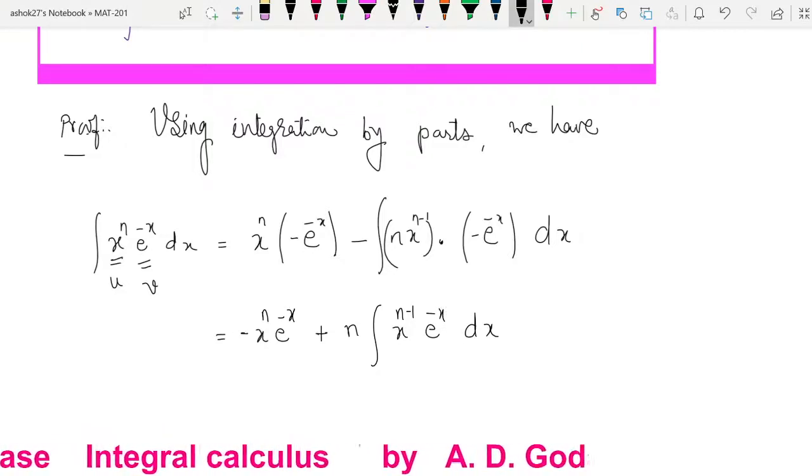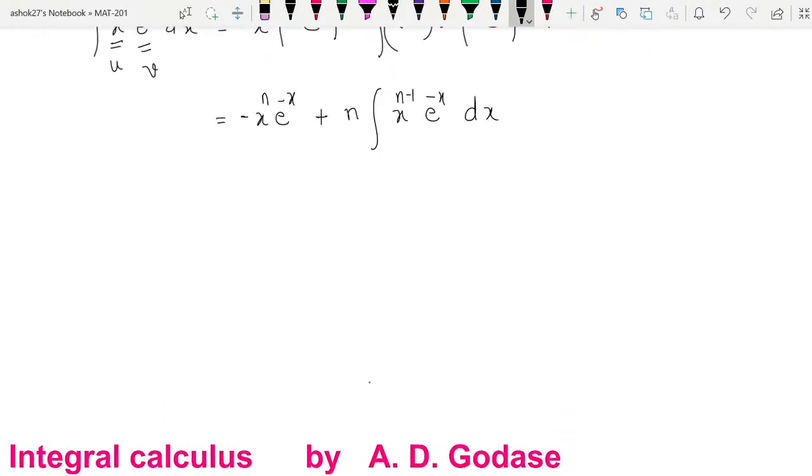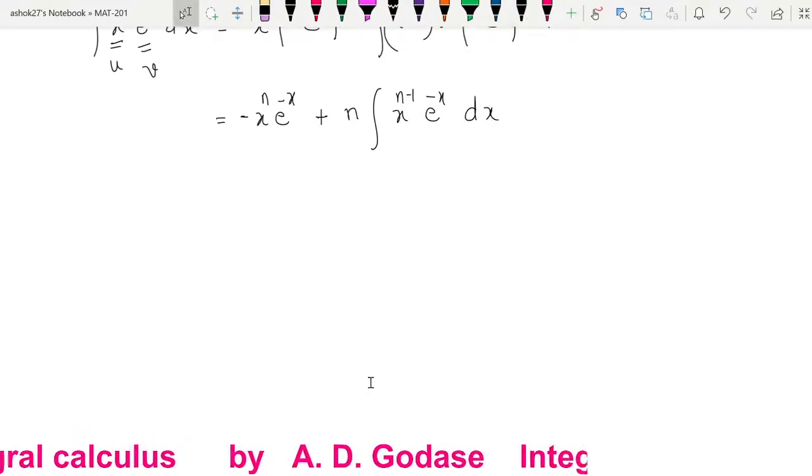Next you can consider a simple illustrative example of this reduction formula.